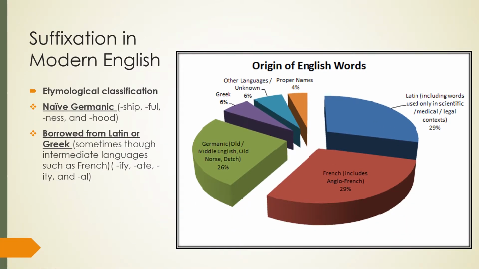Suffixes can also be classified etymologically according to their origin into native Germanic, ship, full, ness, and hood, and borrowed from Latin or Greek, sometimes through intermediate languages such as French, ephi, ate, it, and al.